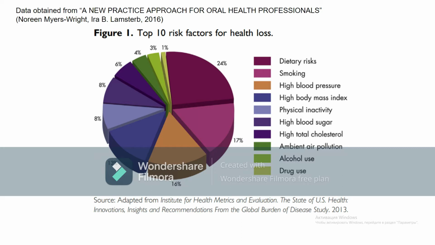And as you already know, during learning physiology, pathophysiology or other subjects, smoking and high blood pressure are positively correlated with physical inactivity.